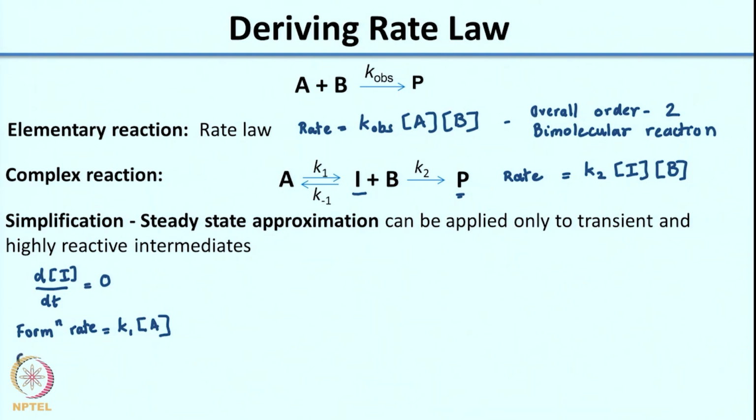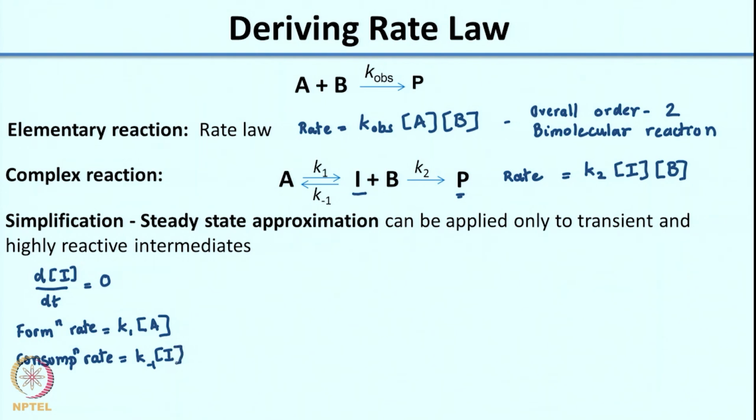Now, consumption, what are the processes? There are two processes. One is I going back to A, and that would be given by K minus 1 I. And what is the second process?